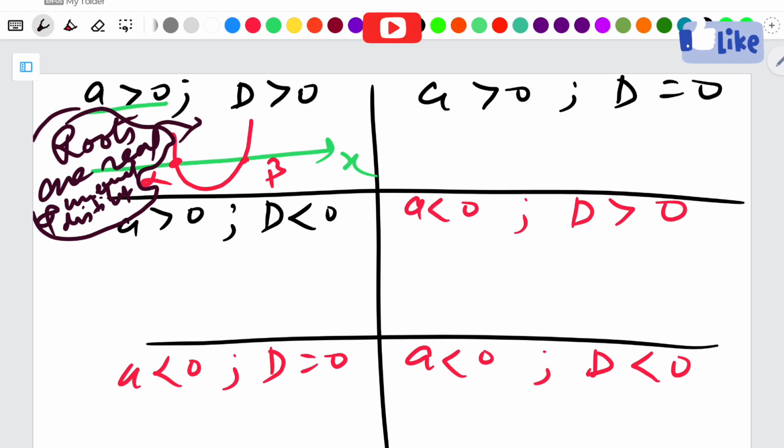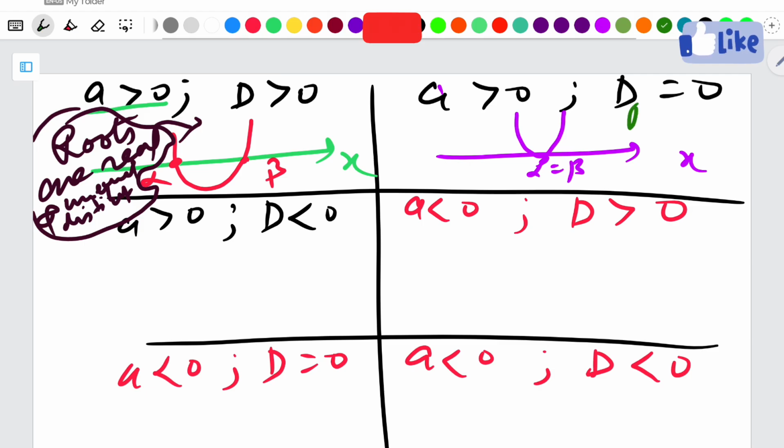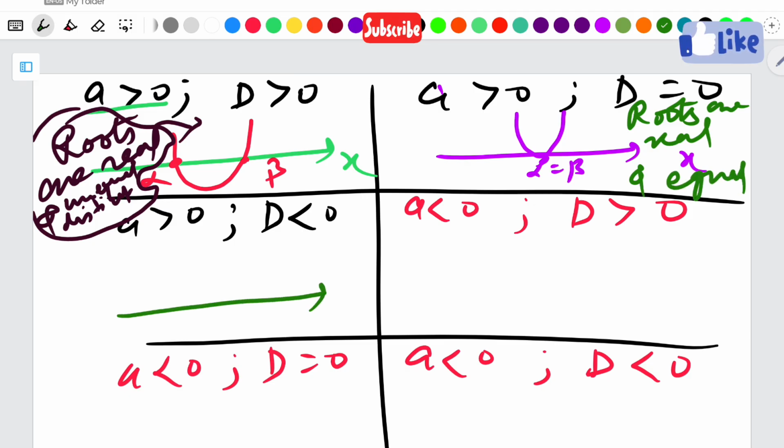Now if a is positive, upward parabola, and d is equal to 0, it will touch the axis, alpha is equal to beta at this point. Roots are real and equal. Now a is positive upward, d is less than 0, it will not touch. So the roots are imaginary, that is not real.